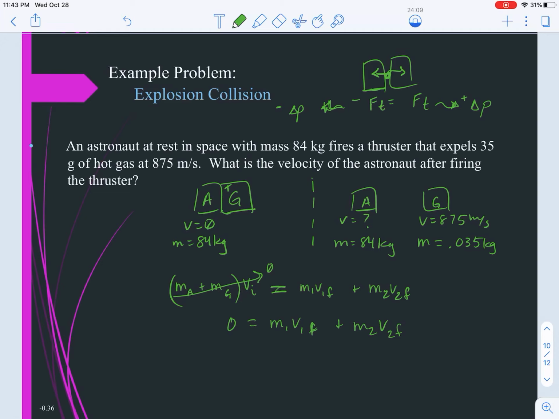So this means that their magnitudes are the same, but because one's positive, one's negative, they mathematically add up to 0. When we do our algebra here, in this particular question, we are solving for this velocity. So mathematically, I'm going to ultimately subtract this over. What I want to show you is that this cancels out over here on the right.